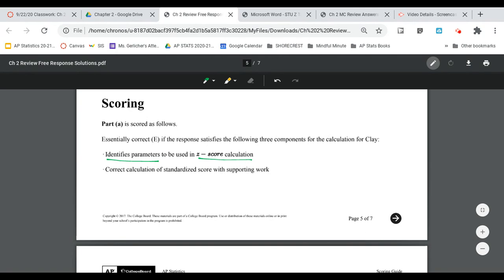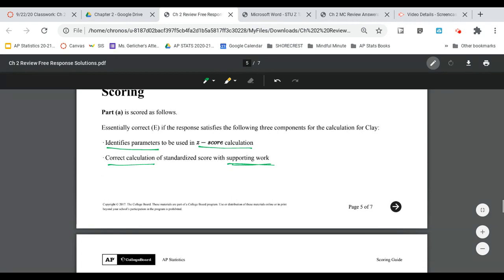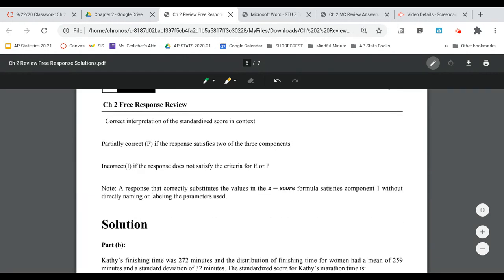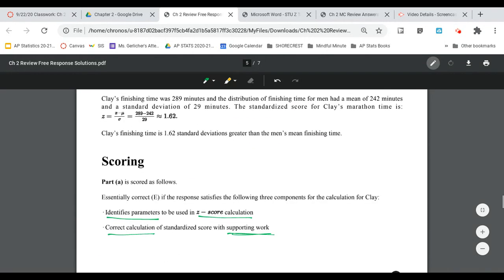They need to see the correct calculation with supporting work. I know it's subtraction and division and it's easy to do in your calculator, but show what you're plugging in and then give an answer. And then a correct interpretation in context. Ooh, that's an important thing. In context. Every time you interpret something, it needs to include context. Okay, so let's go back and look at their solution.